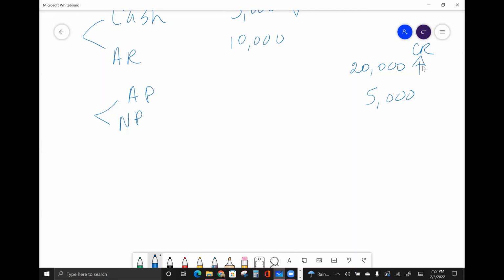If I have, let's say, utility expense. So maybe we have 6,000 on the books for a utility expense. An expense account normally has a debit balance. So if I have to add an expense, I'm going to debit.